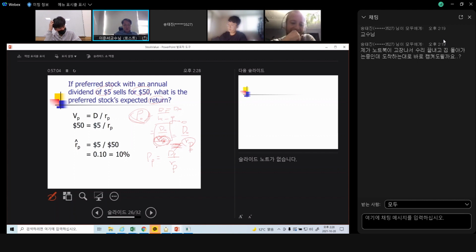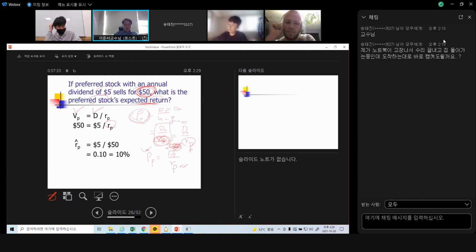So we have three variables, 1, 2, 3. If we know two out of three, then we can calculate the remaining one. In this example, we have the dividend of $5 and the preferred stock price of $50. Then we can calculate the expected return of preferred stock.